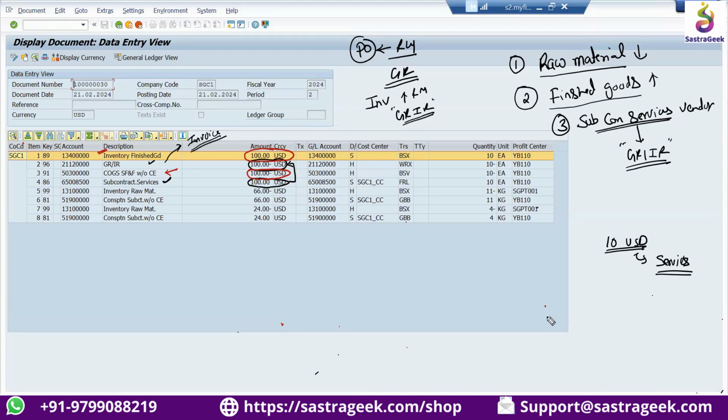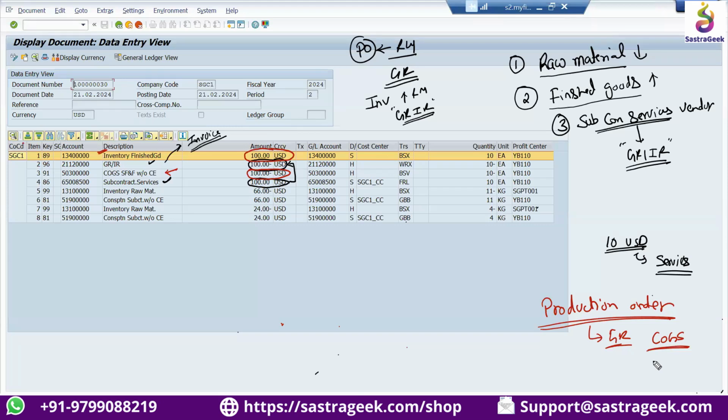When you produce with the production order also, when you do the GR against the production order, these accounts get hit. Now this purchase order is acting as a production order. It's increasing our finished goods stock.